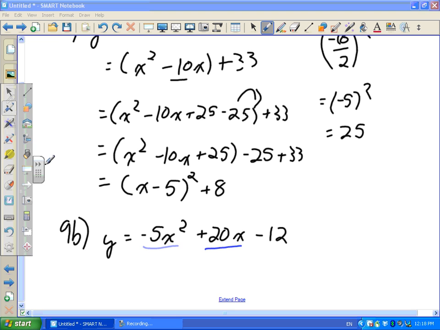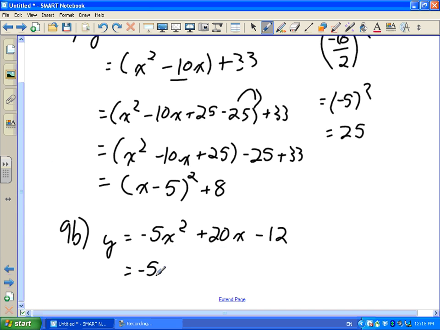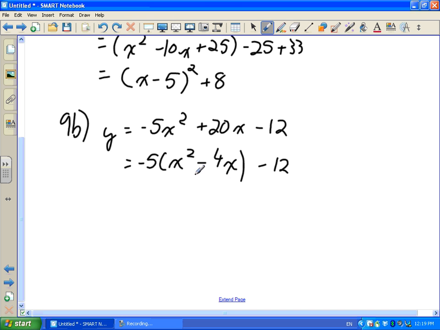So, I take the negative 5 out. This becomes x squared. When I divide positive 20x by negative 5, I get negative 4x. Many of you either forgot to divide by the 5 or you didn't change the sign. Minus 12. I take that negative 4, divide by 2, and square it.